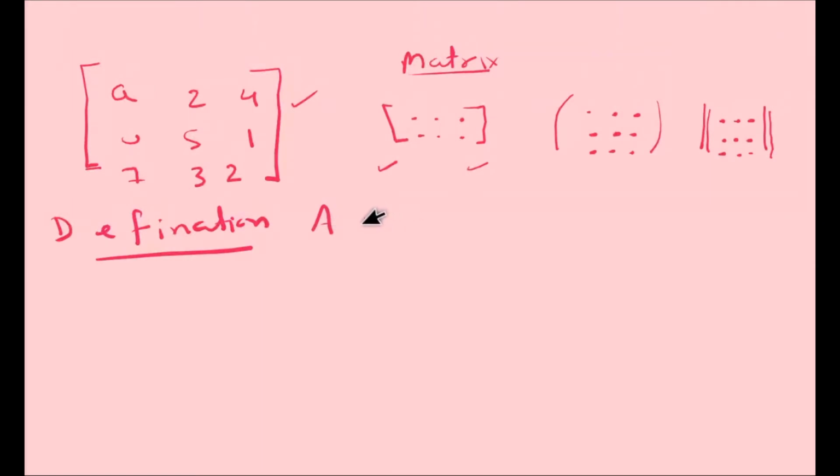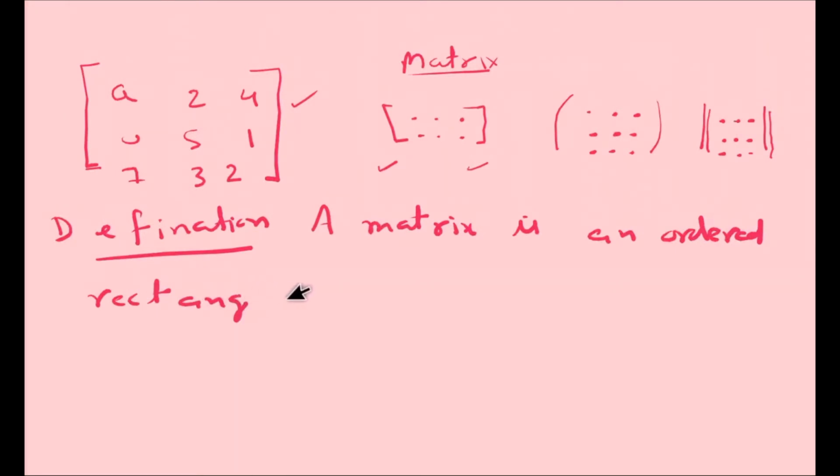If you are asked what a matrix is in a single line, you can write it this way: a matrix is an ordered rectangular array of numbers or functions.